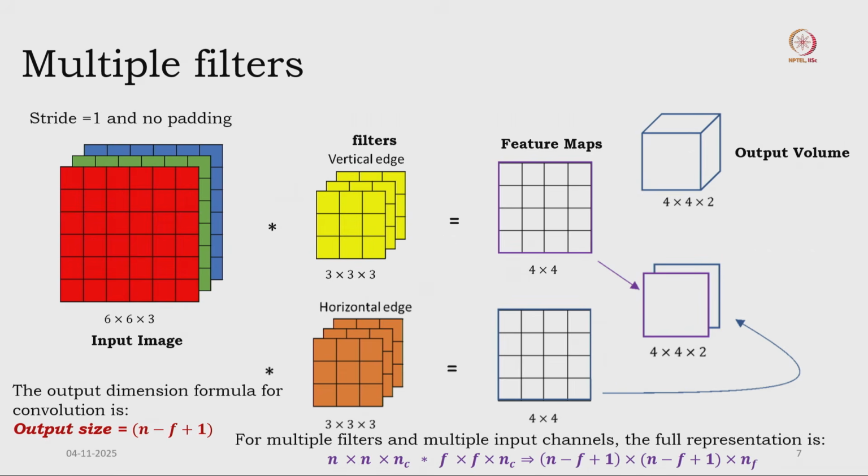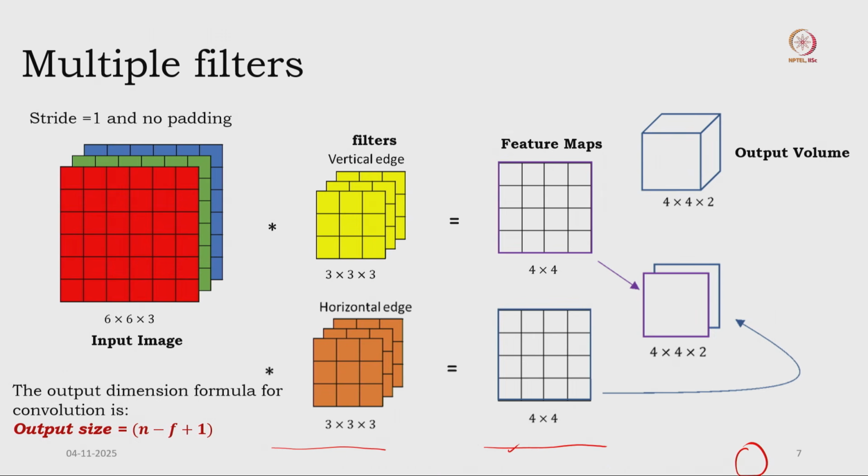The representation is n cross n into NC, that is the input, where NC stands for the number of channels at the input. Then we have f cross f at the kernel, and the output is given by n minus f plus 1 for height, n minus f plus 1 for width, into nf, the number of filters we have considered.